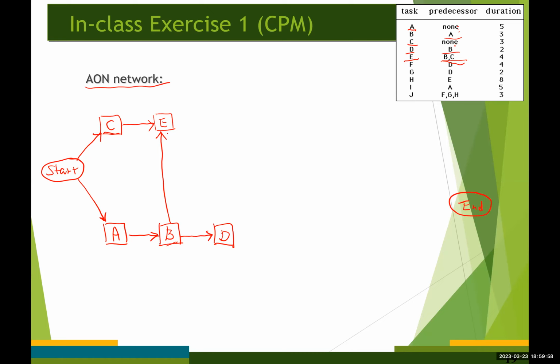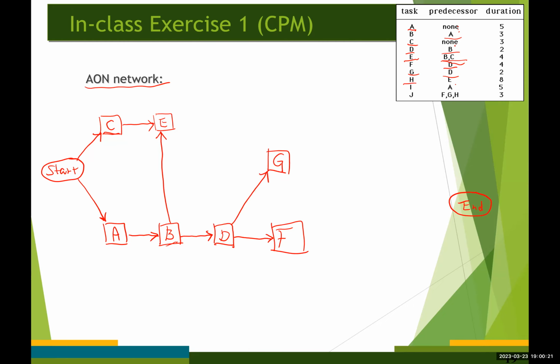And then activity F has one predecessor, which is D. So I'm going to put F down here. And G has one predecessor, which is D, so I'm going to have G up here.